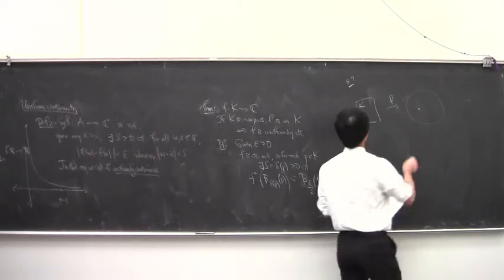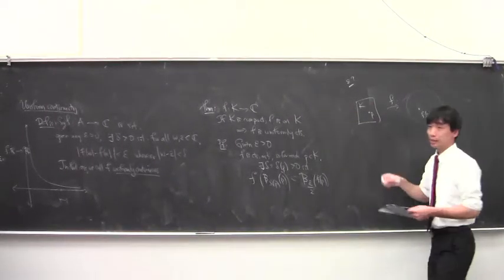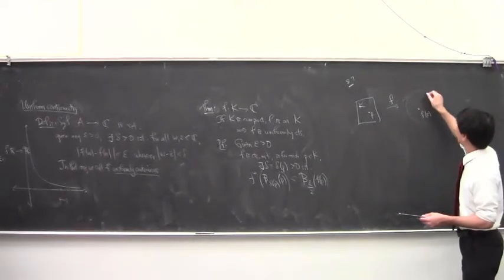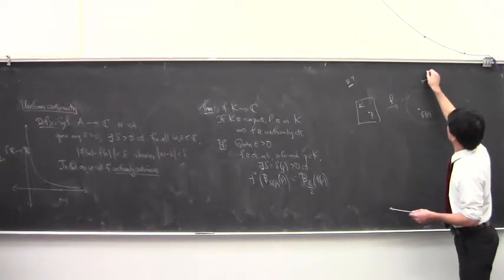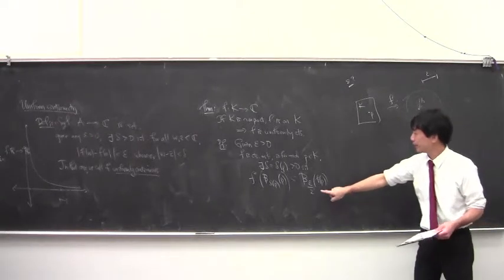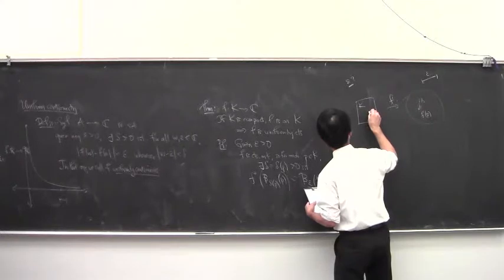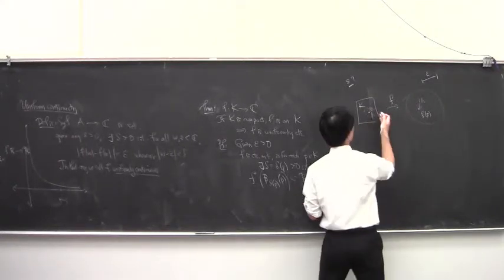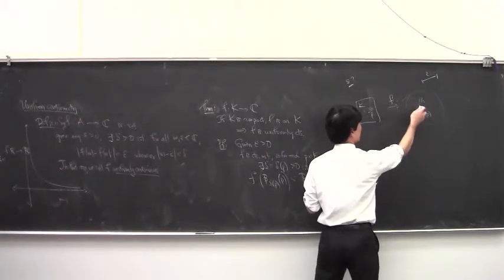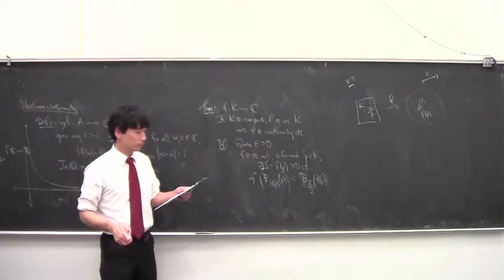So you have P, you have f of P, and somebody's given you an epsilon. You say, I'm going to take half epsilon neighborhoods here, and I know by continuity at each point that there's some delta neighborhood of P so that this thing gets mapped inside the half epsilon neighborhood.